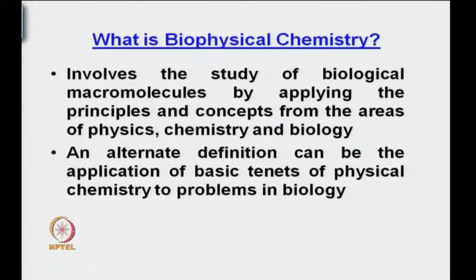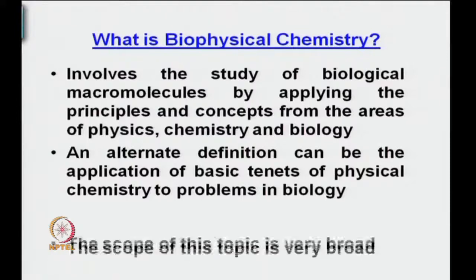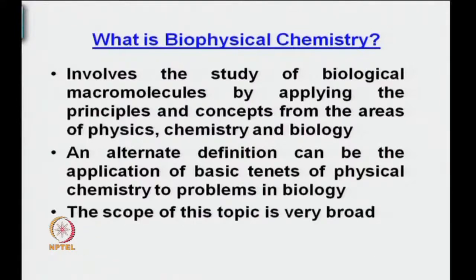An alternate definition might be like this. An alternate definition can be the application of the basic tenets of physical chemistry to problems in biology. And as I said, the scope of this topic is indeed very broad.